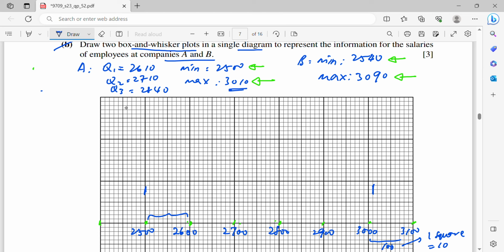These are the maximum and minimum for company A. Then Q1 is 2610, one square after 2600.